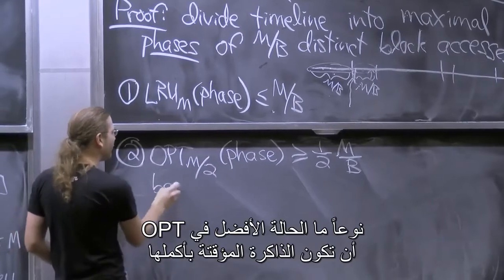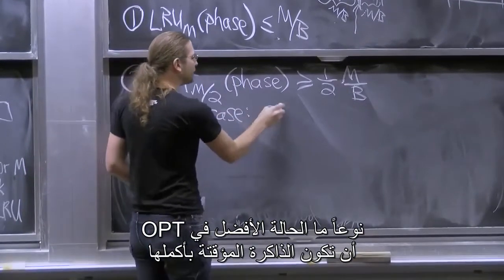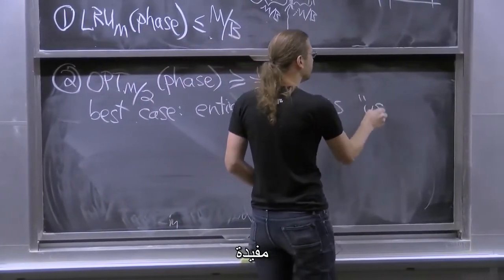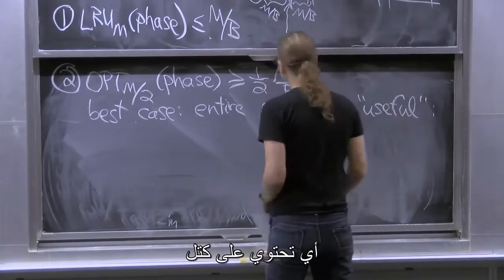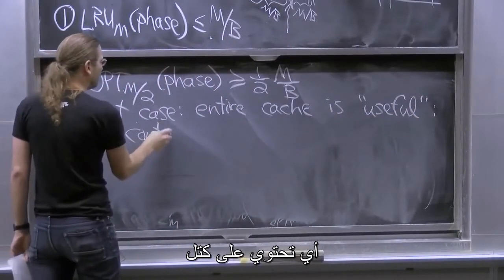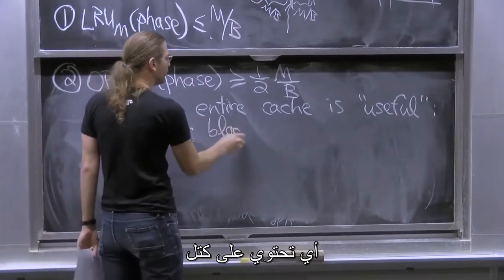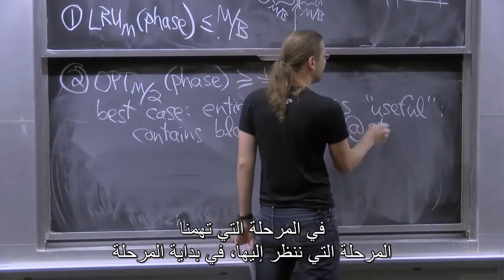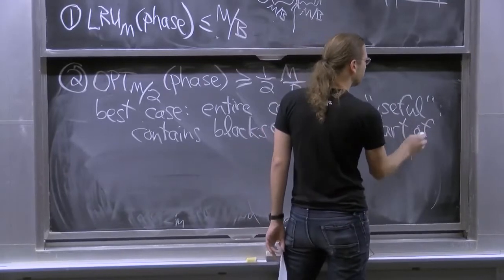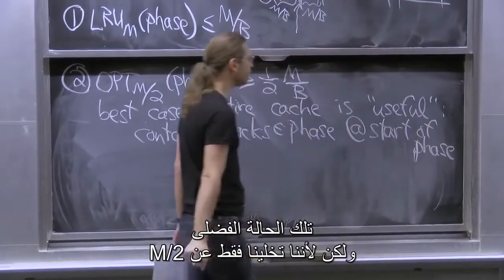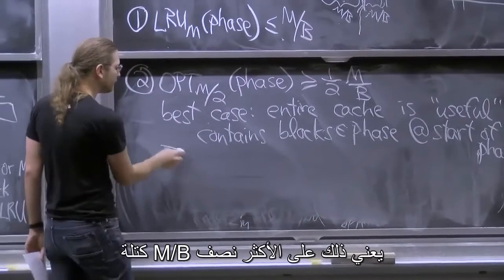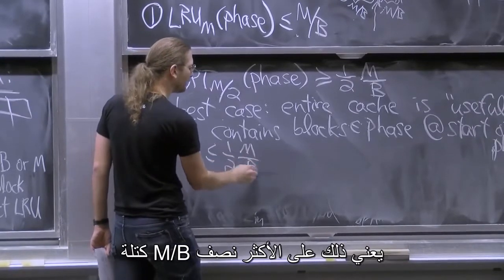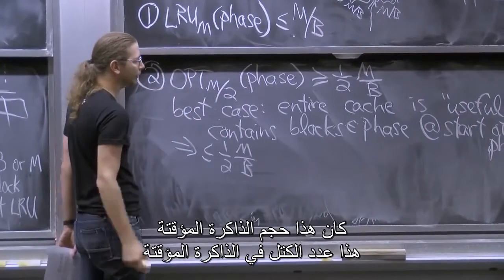The best case for opt is that the entire cache is useful, meaning it contains blocks in the phase that we're interested in. That's the best case. But because we gave opt only m over 2, that means at most 1/2 m over b blocks. This was cache size. This is number of blocks in the cache.